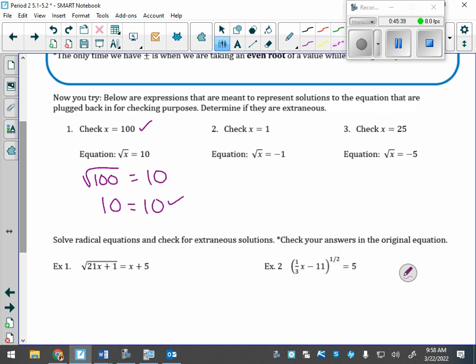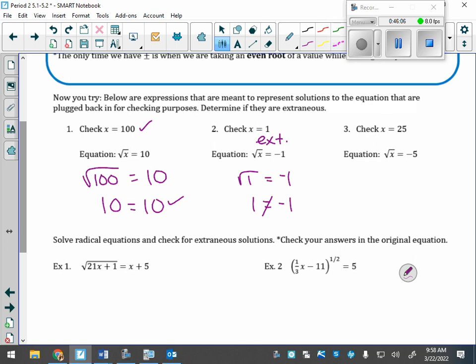Then if I go to number 2, I want to check x equals 1. What is the square root of 1? 1. Does that equal negative 1? No. Therefore, this is extraneous. We are so used to putting the plus or minus with this, but we're only looking at the positive roots.